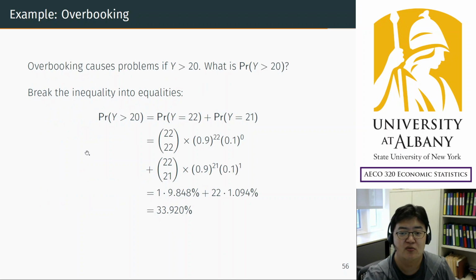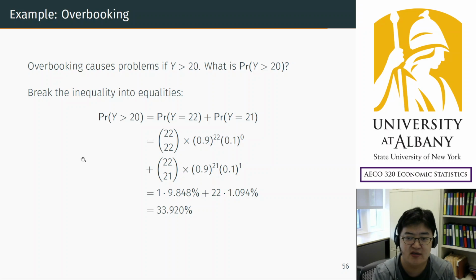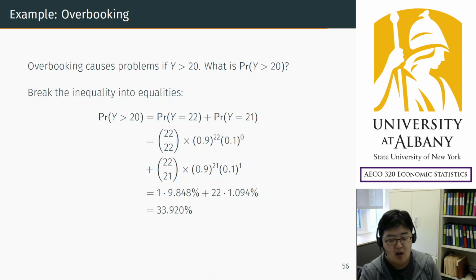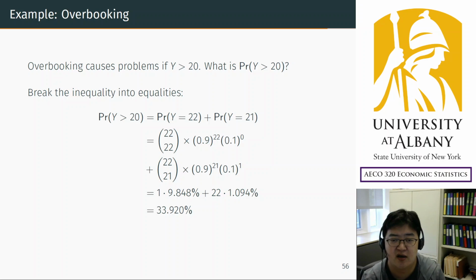Okay, now the next topic I'd like to show you is how we can calculate the probability of greater than something or smaller than something. In the previous video, I showed you how to calculate the probability Y equals something. But what about the inequality case?